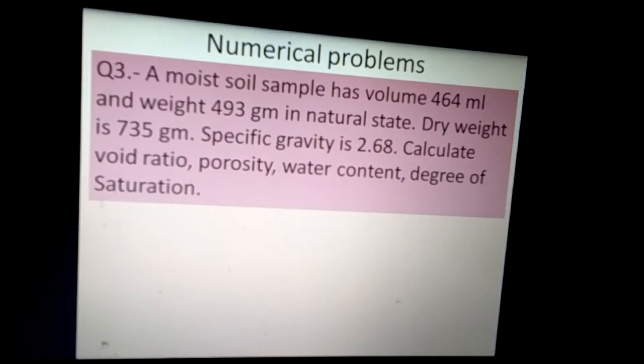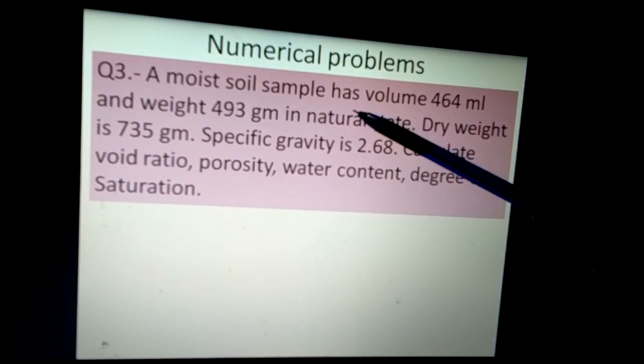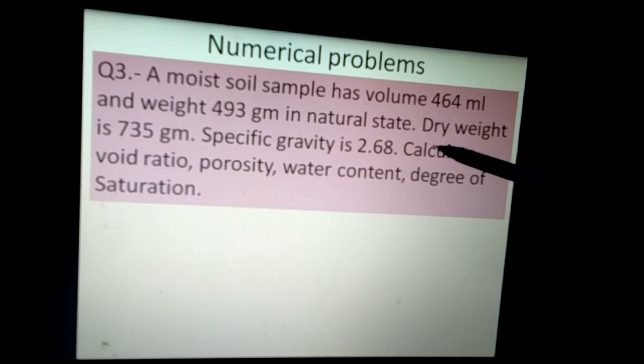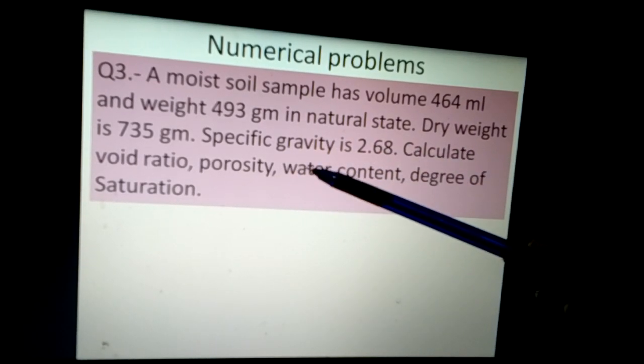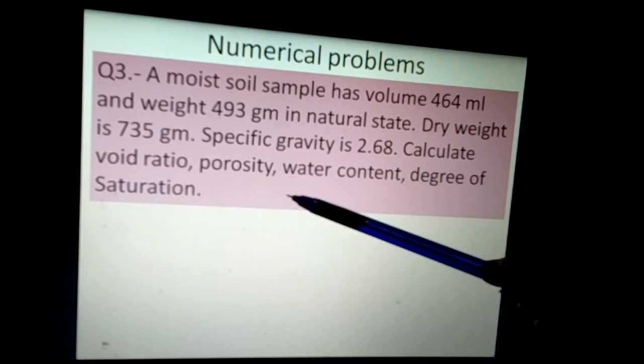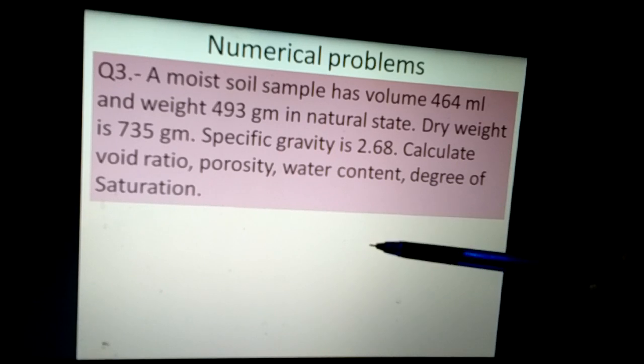The next numerical is: a moist soil sample has volume 464 milliliter and weight 493 gram in natural state. Dry weight of soil is 735 gram. The specific gravity is 2.68. Calculate void ratio, porosity, water content and degree of saturation.